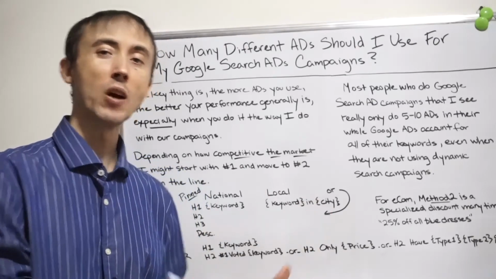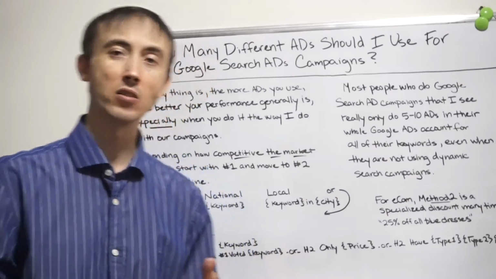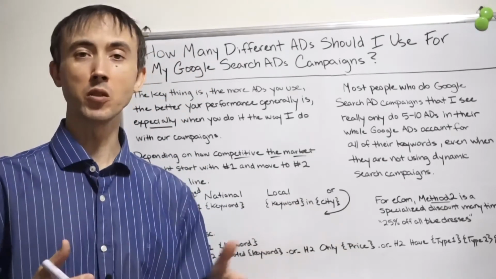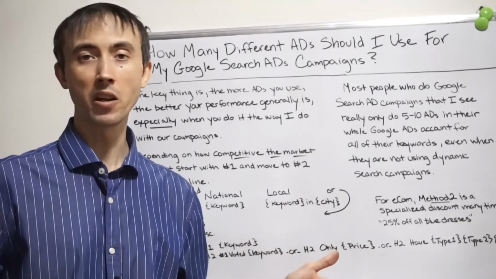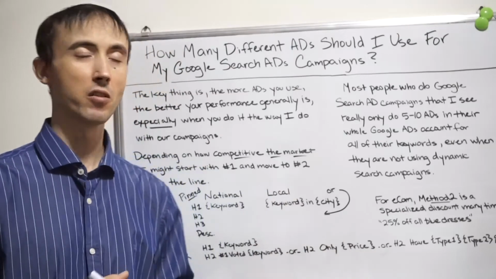Having the price in there, once that price was added to the second headline, overall improved the campaign as a whole. It took a bunch of time to set that up for every single keyword, because there's like 1,000 or more keywords for all the different manufacturers and model numbers of printers and so on and so forth.